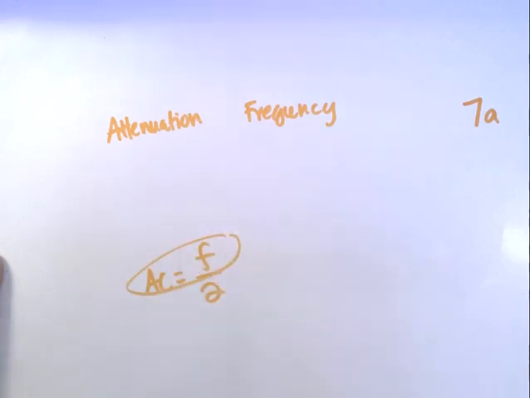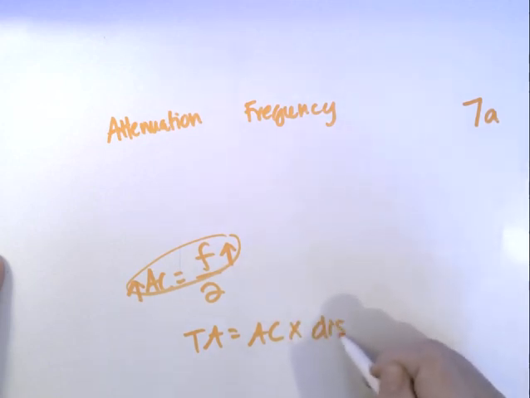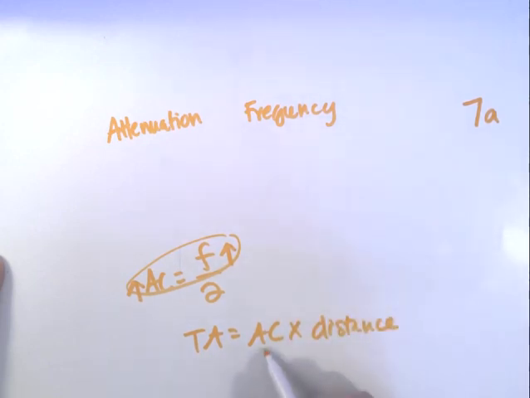Attenuation and frequency are on the same line, so if frequency increases, then our attenuation coefficient increases, which affects the total attenuation, because total attenuation is going to be the attenuation coefficient multiplied by the distance. So if the attenuation coefficient increases, total attenuation increases, and if distance increases, then total attenuation also increases.